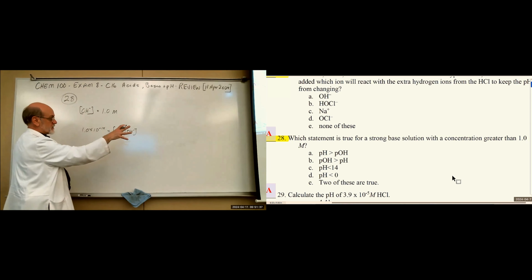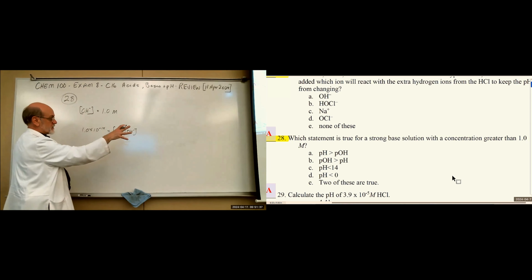All right, so if the pH of the solution is 10.39, that means the pOH is equal to 14 minus 10.39. Right?